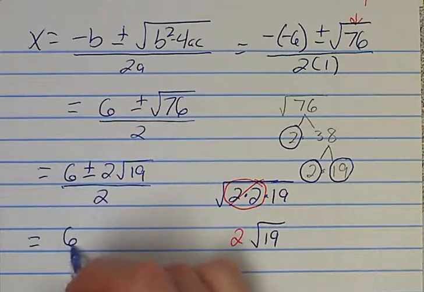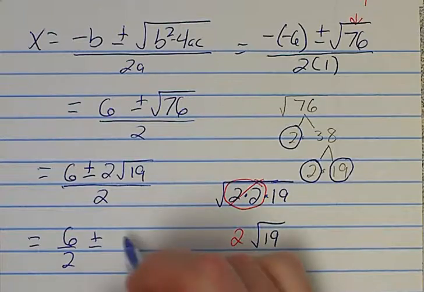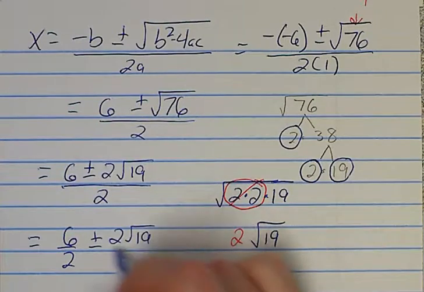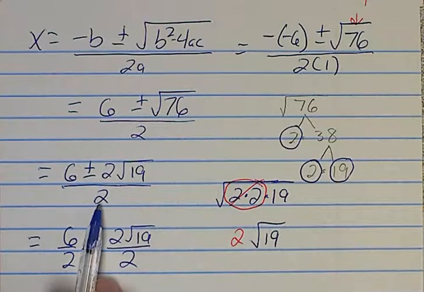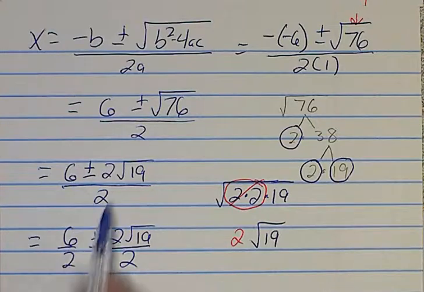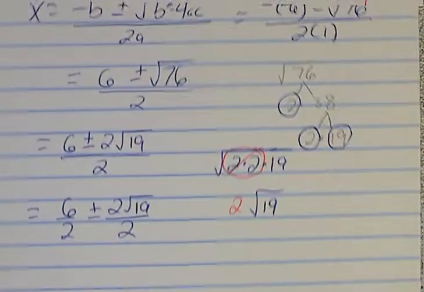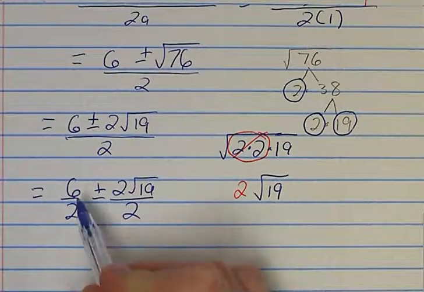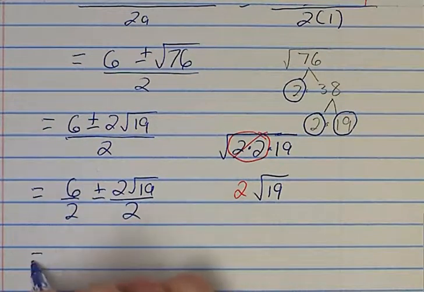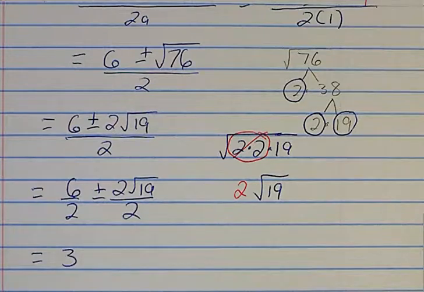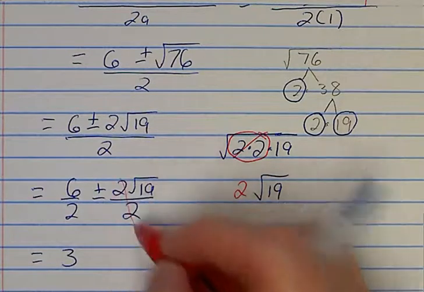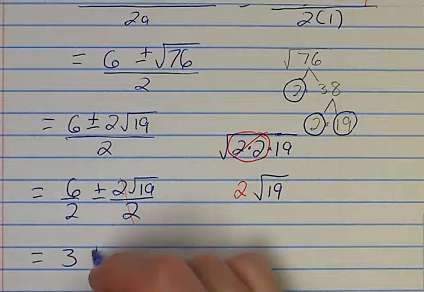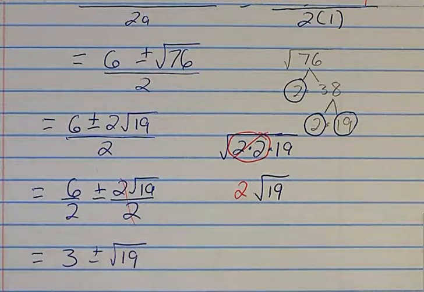That it's 6 over 2 plus or minus 2 square root of 19 over 2. This 2 that's on the bottom needs to be separated so it's underneath both parts. Because now you've got some things you can simplify. 6 divided by 2 is 3. The 2's will knock each other out here and leave you with the square root of 19.